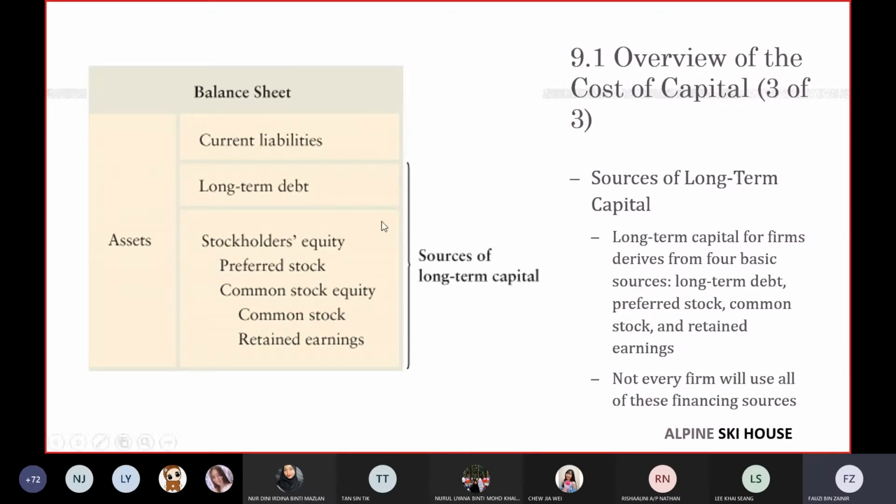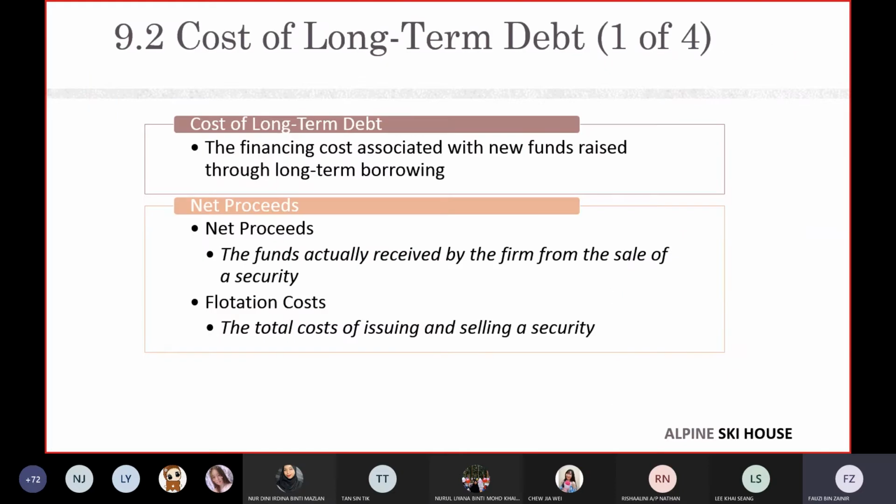We are going to evaluate more or less like how we evaluate if the company were to issue new shares. Okay, some of the terms here: the financing cost associated with new funds. Cost of long-term debt is the financing cost associated with new funds raised through long-term borrowing. Okay, so that one we know by issuing bonds.